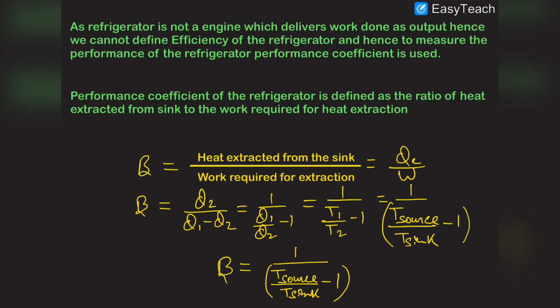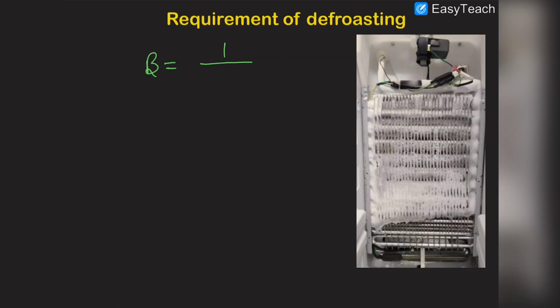We can also explain this by a technical analysis. The performance coefficient of the refrigerator is 1 upon, as we have already discussed, T source by T sink minus 1. So what happens is that due to the deposition of ice, T sink, the temperature of the sink inside the refrigerator, decreases, because ice is at a lower temperature.